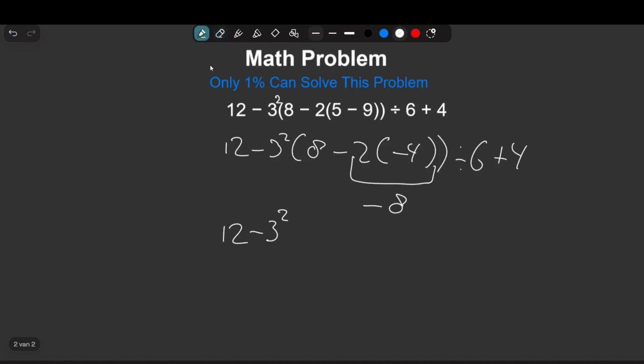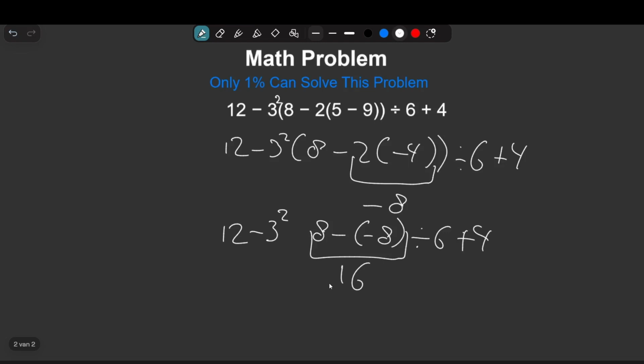I accidentally drew two parentheses again, but now it is going to be minus 3 squared, and then 8 minus, and then the parentheses will come, minus 8. And then don't forget this one, divided by 6 plus 4. So now we're going to solve this part. So 8 minus minus 8 is going to equal 16.